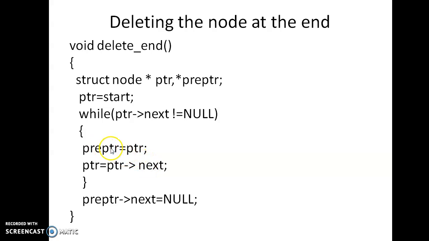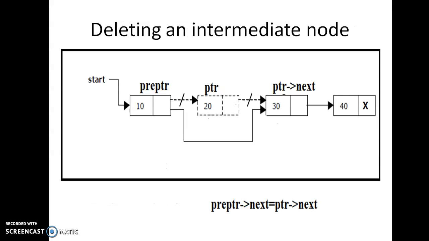That is, pre-pointer is pointing to the previous node and pointer is pointing to the next node. After reaching the last node, I am making pre-pointer of next equal to null. And here I can write a statement free of pointer so that the pointer can be removed. This is the way in which we can delete the node at the end of the single linked list.